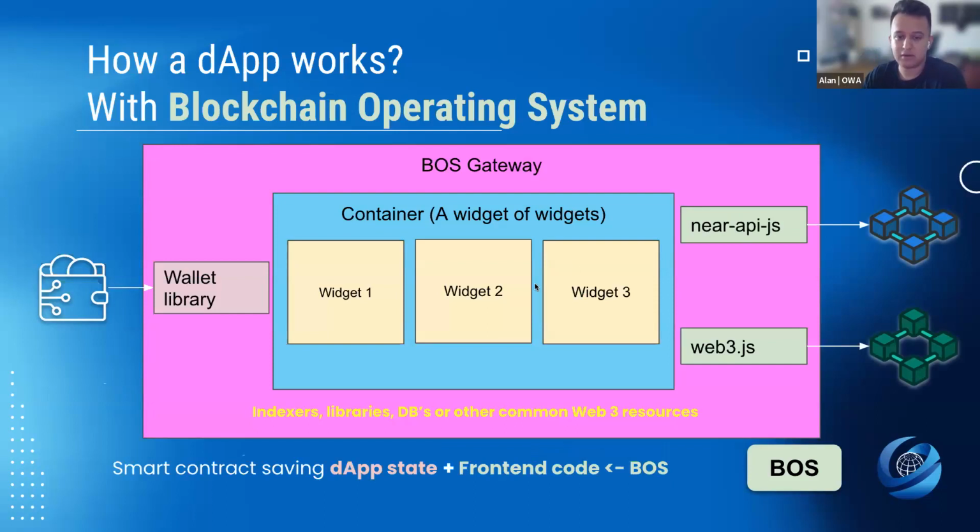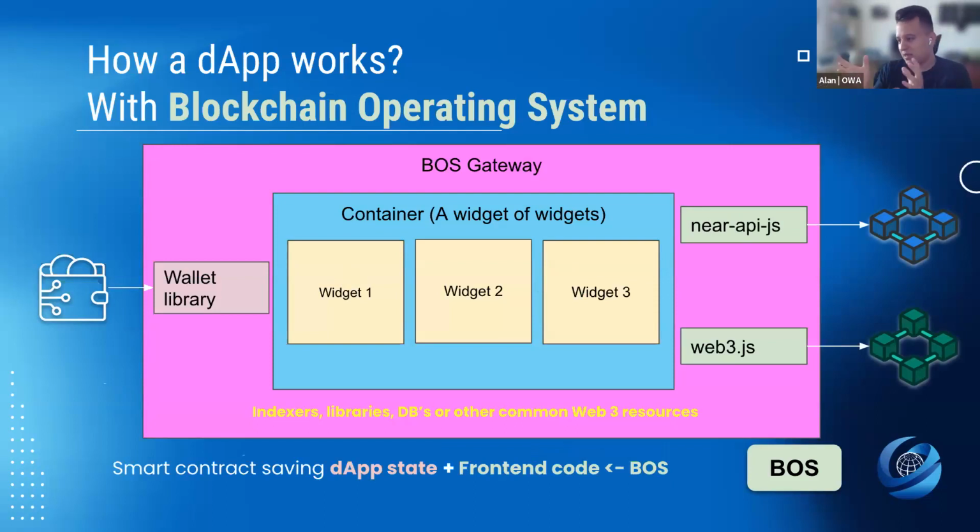So basically, we can start with the concept that we have widgets. A widget is basically a piece of code written in JavaScript that is stored in the blockchain. So the first thing is we store a widget on the blockchain.